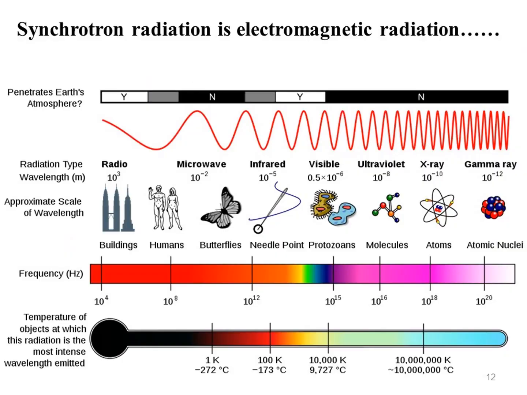Synchrotron radiation is electromagnetic radiation. This is the whole diagram relating to the radiation and its wavelength and energy with different objects.